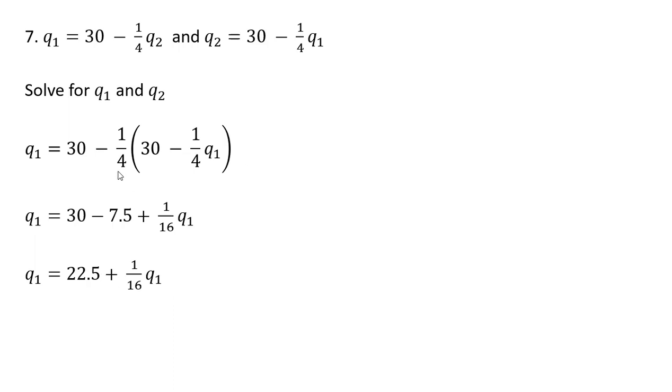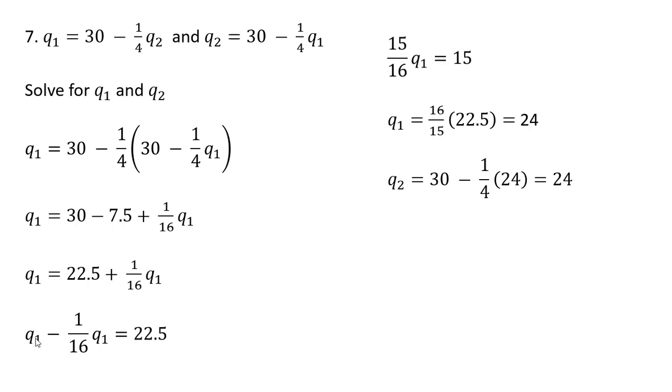And now just simplifying, minus 1/4 times 30 gives us this, minus 1/4 times minus 1/4 q subscript 1 gives us this 1/16 times q subscript 1. 30 minus 7.5 gives us the 22.5. Subtracting 1/16 q subscript 1 from both sides, we get this result now.